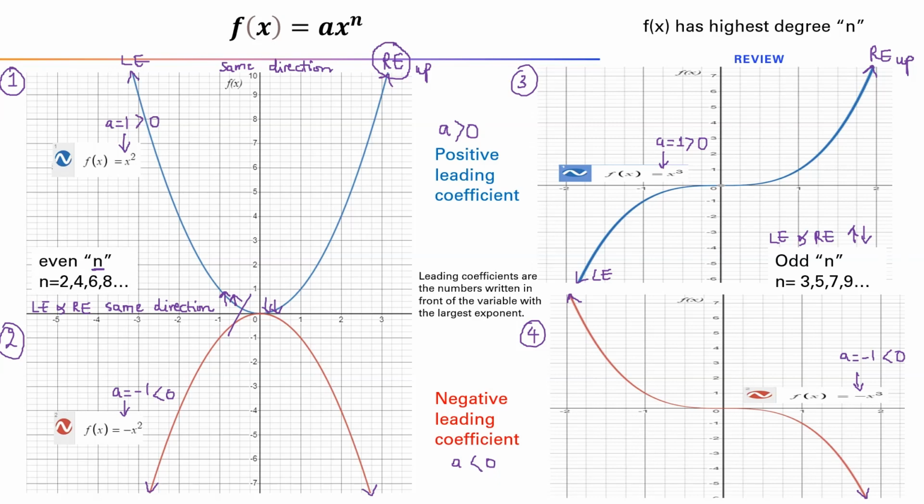So by looking at that, we can memorize it more easily, right? Right and up, we say right and up, it will be a positive.